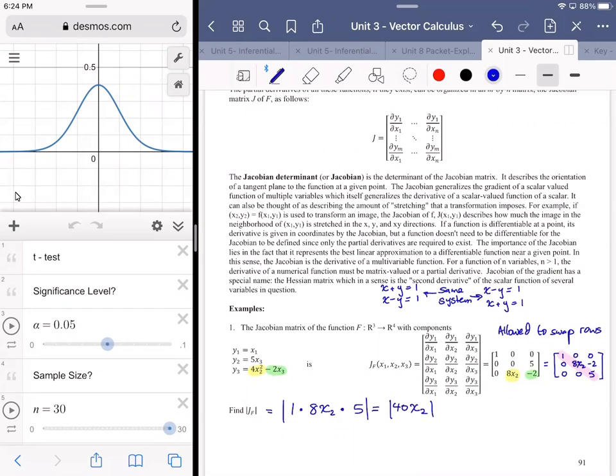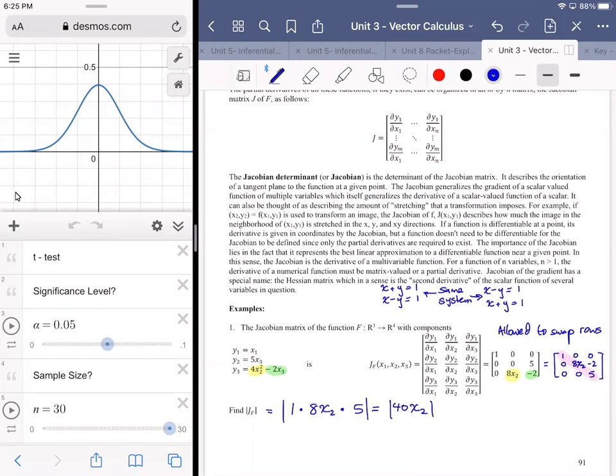If you wanted to do it with cofactor expansion, you totally could. It would give you the same value. If I'm not mistaken, when I did it with cofactor across the first row, I ended up with a negative 40x2.